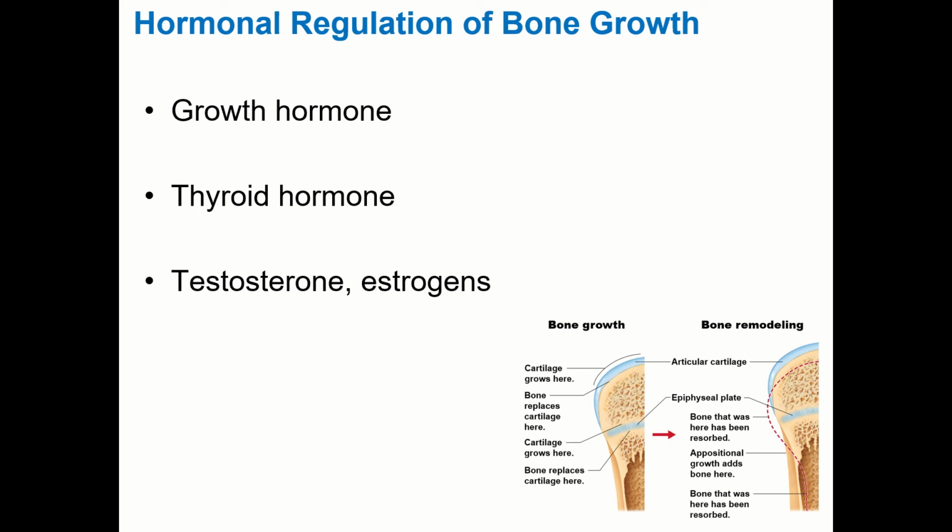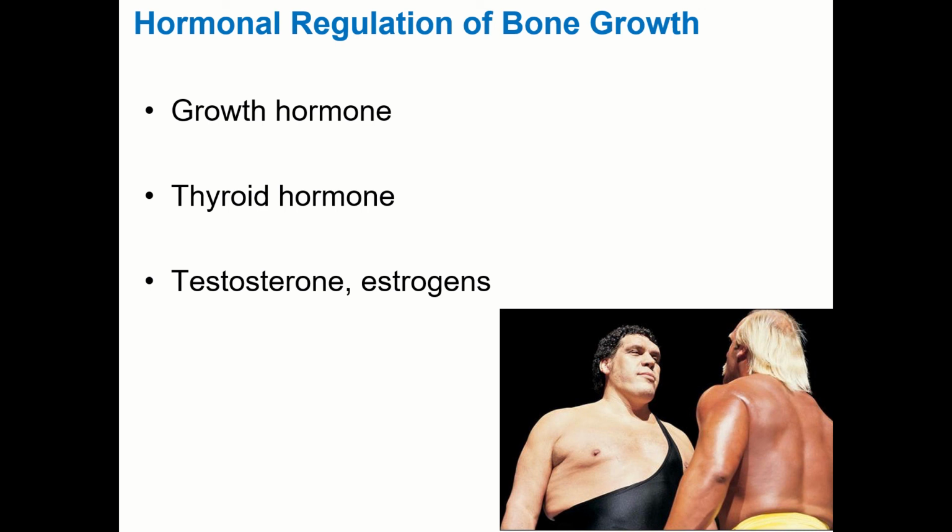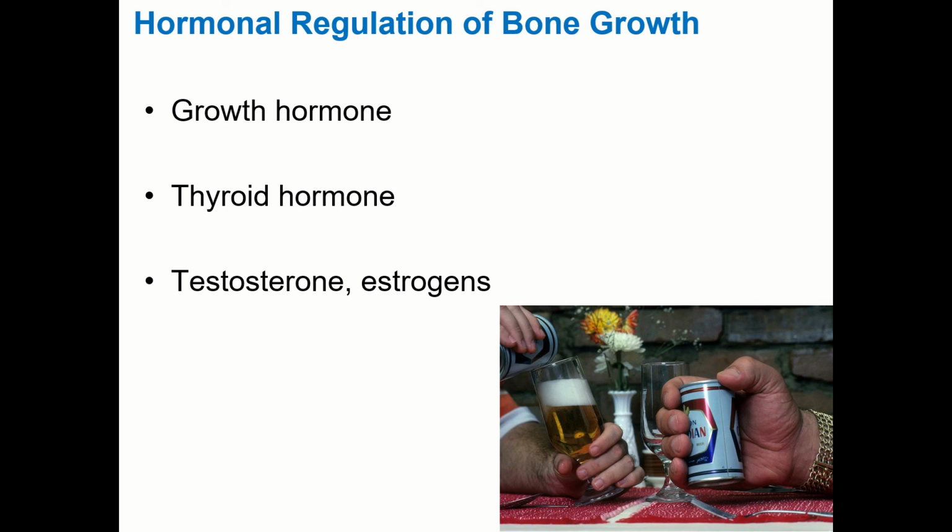And then the reason I mentioned this is I wanted to talk about it. You can have a disorder of growth hormone, which results in gigantism. The most famous individual with gigantism that I'm aware of is Andre the Giant, pictured there on the left. He was billed at 7'4" and 520 pounds. So an enormous human being. Hulk Hogan there on the right is also a pretty big guy. That picture doesn't really do him justice, but I think this one does.